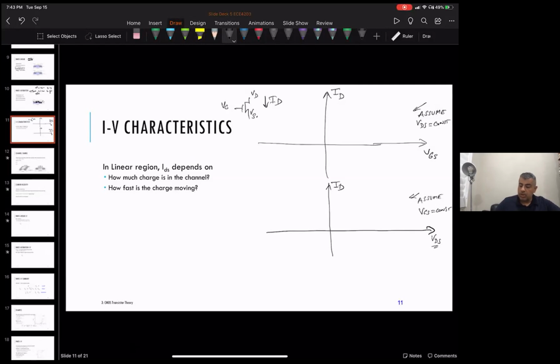Okay, so let's draw what happens in the linear region. Again, we're going to draw the gate source versus IDS, and sometimes we draw the drain source versus the IDS.